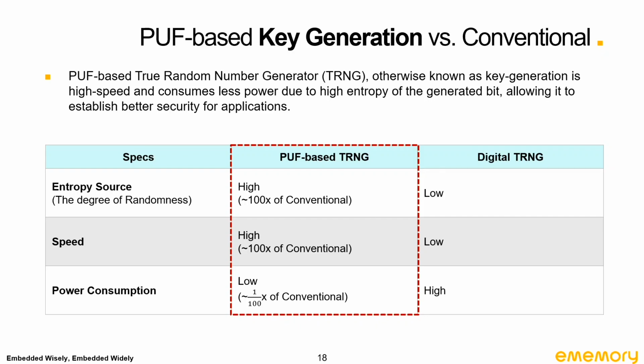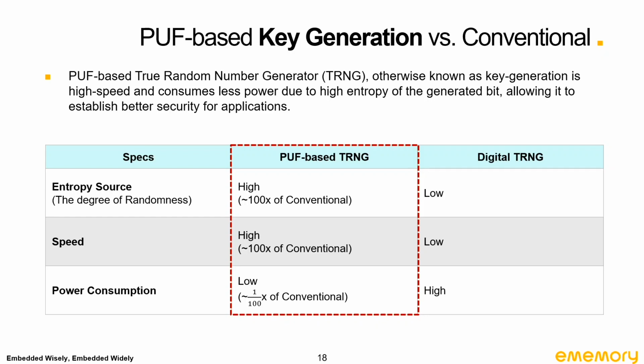First of all, it has higher entropy. PUF-based TRNG has much higher entropy because it is derived from PUF seeds, which are perfect random sources, making it truly random. Conventional TRNG uses digital circuits to generate random numbers, which have low entropy. For example, our entropy is about 100 times that of the conventional TRNG.